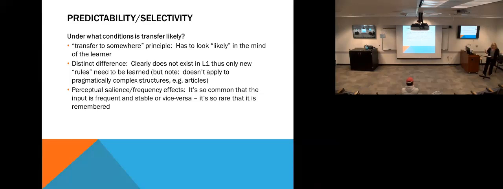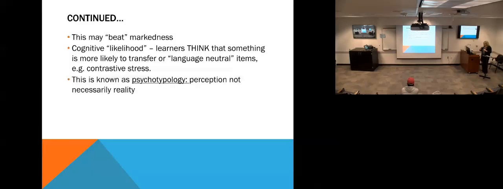So you're like, huh, why are they all really good at it? So then you have to look at these other possibilities, like, for example, perceptual salience or frequency. They might be really good at it because it's something that's highly perceptually salient because it's highly frequent. So you want to be thinking about all these different factors.